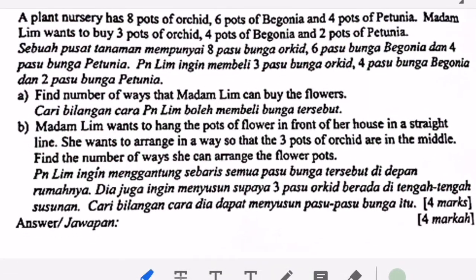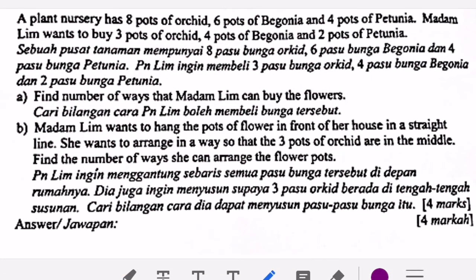For this question, a plant nursery has 8 pots of orchids, 6 pots of begonia, and 4 pots of petunia. Madam Lim wants to buy 3 pots of orchid, 4 pots of begonia, and 2 pots of petunia.